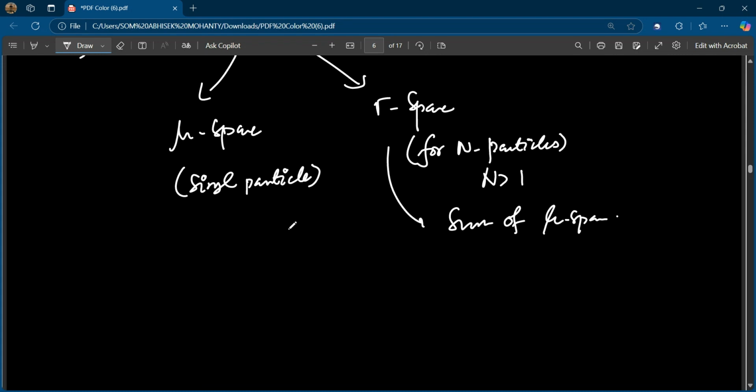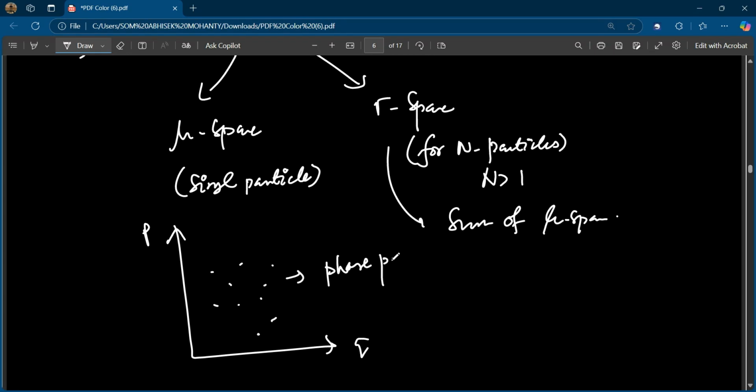Why do we study phase space? Because in phase space we realize ensemble theory. It's the connection between phase space and ensemble theory. Suppose in phase space this coordinate is position, this is momentum, and all these particles are called phase points.